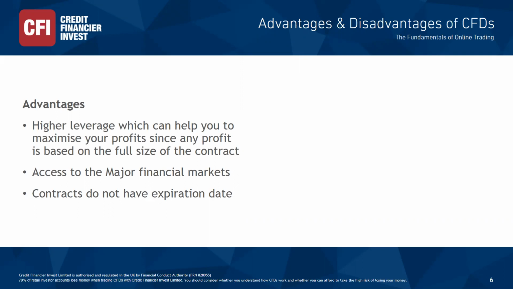Also, CFDs give you access to the major financial markets in the world, so you can trade pretty much everything from currencies all the way to commodities, indices, and also equities. You can also trade shares, not just in the US but also in Europe or Asia.